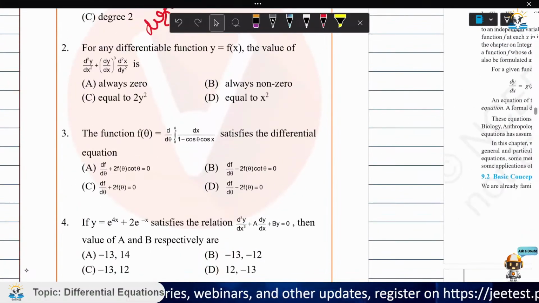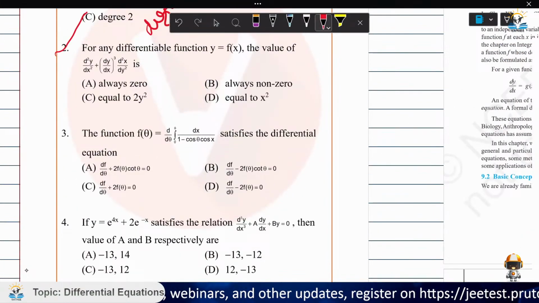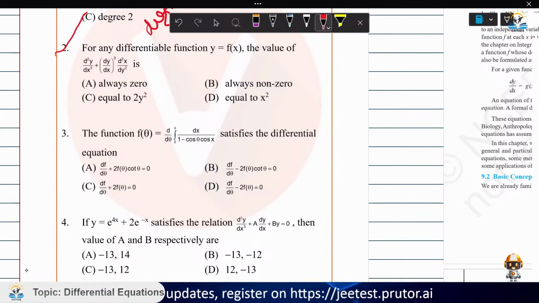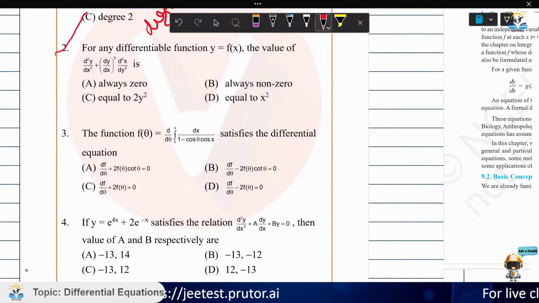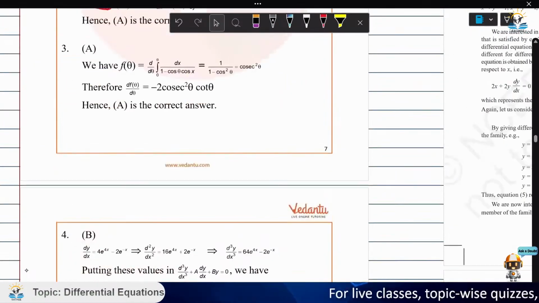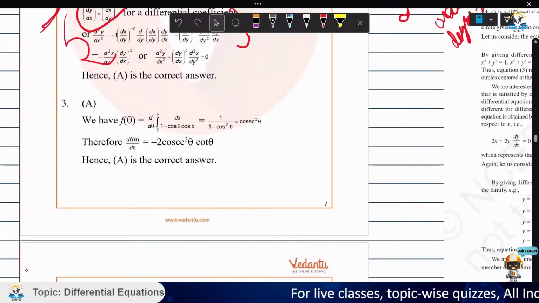Let's move on to the third part. Let's see what the solution says for question number 3. I hope you guys must have read the question.